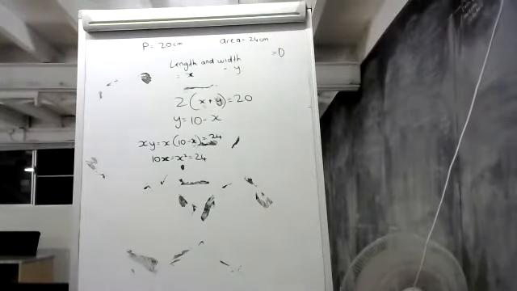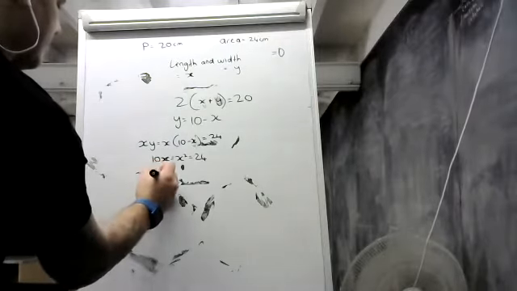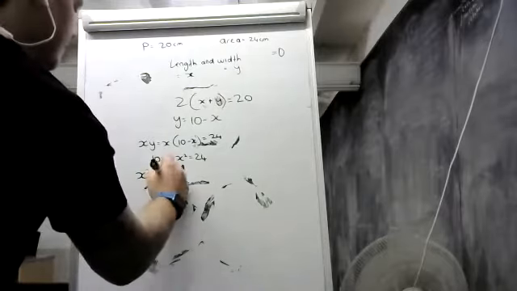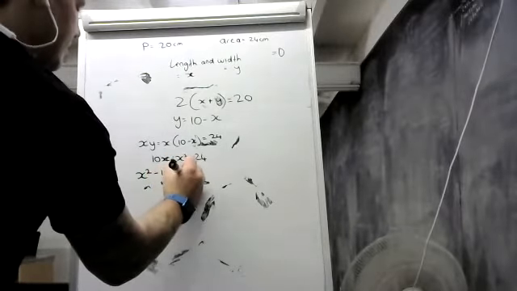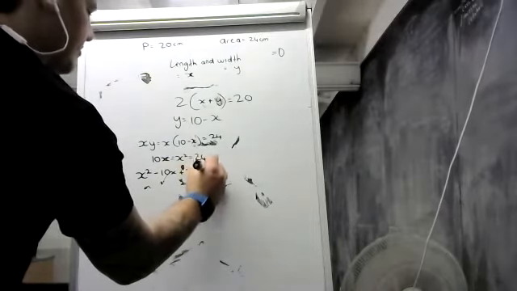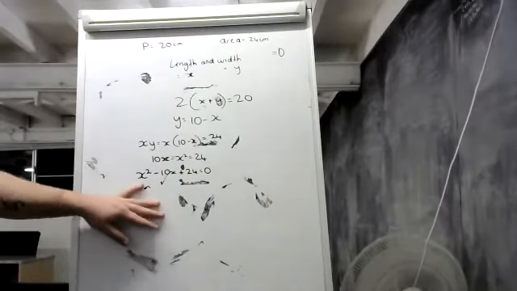So we'd have x squared minus 10x plus 24 equals 0. And that's our quadratic equation.